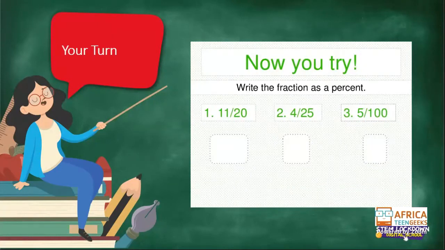We have 55%. Remember, for us to be able to get to 100, how do we get to 100? We have 11 over 20, so therefore you multiply it by 5 over 5. 11 multiplied by 5 equals 55, and 20 multiplied by 5 equals 100.